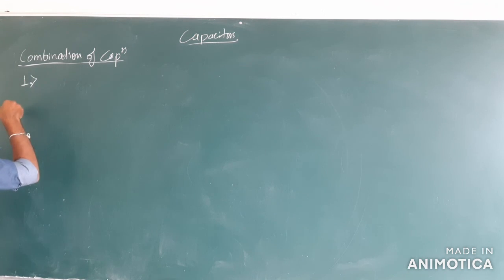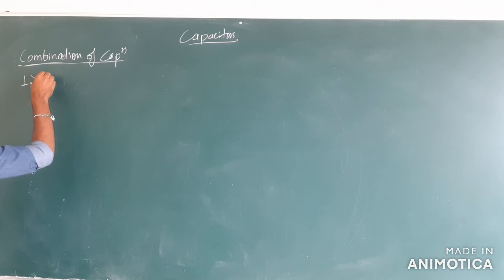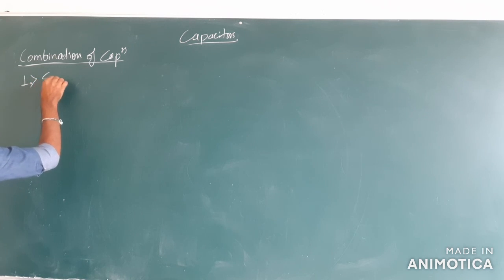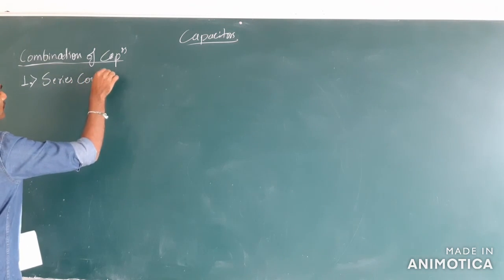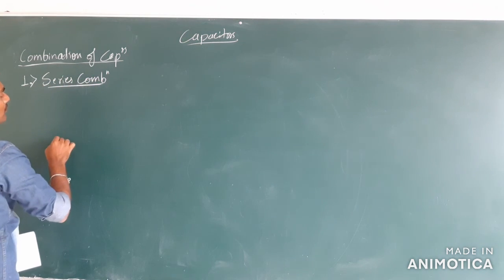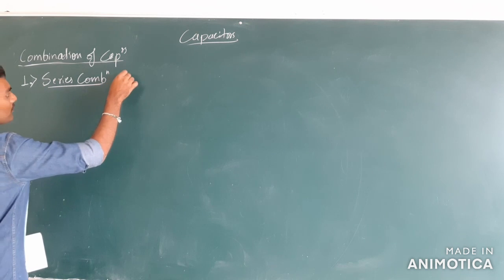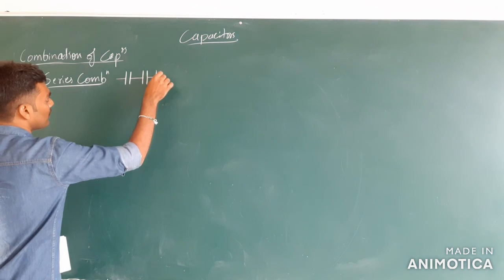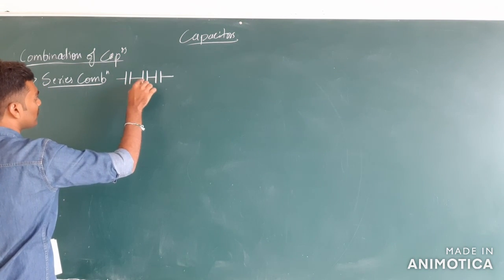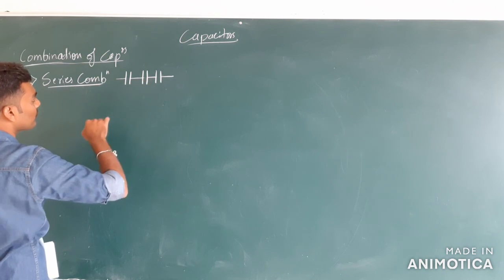Those formulae give us the basic idea about the combination, so we should look into it again. For series combination, we have capacitors connected from one end of a capacitor to the other end of the next, like this.